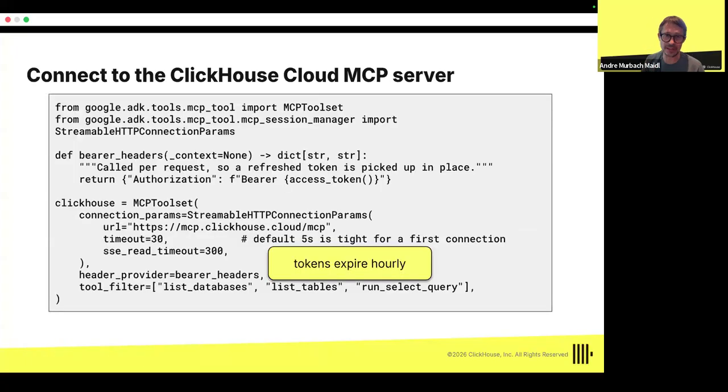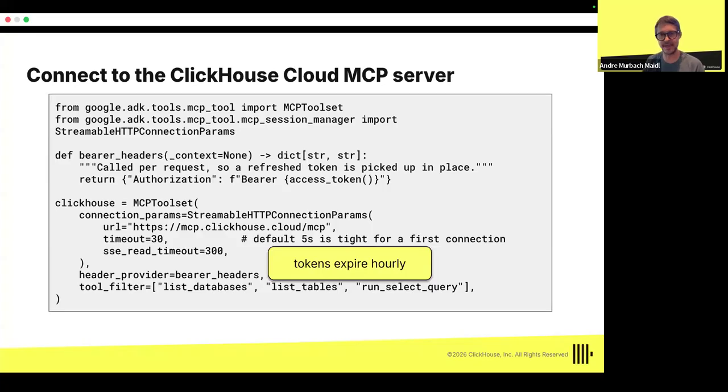Then what we need to do. The first thing that we actually need to do is connect to the ClickHouse MCP server, and this can be done through the MCP toolset library. Instead of using just header, I'm using the header underscore provider here because in ClickHouse Cloud tokens will expire every hour.